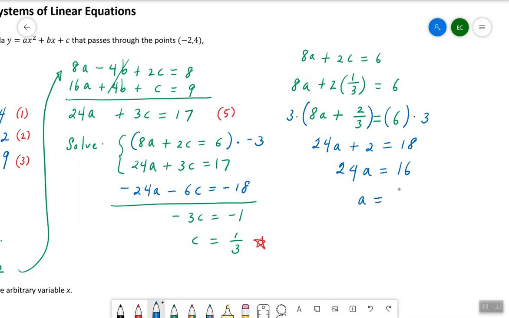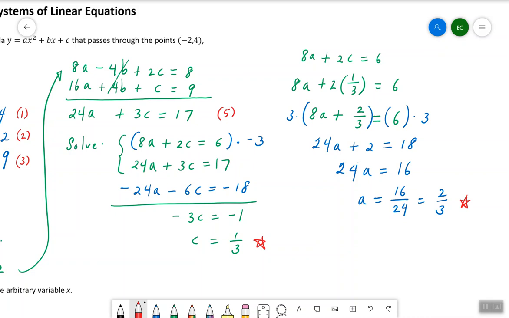And then when we divide 16 by 24, that simplifies to 2/3. So there's our value for a, and we still need to get the value for b.